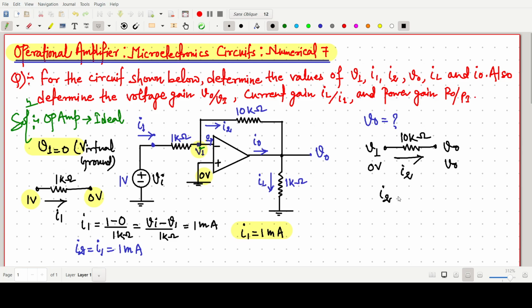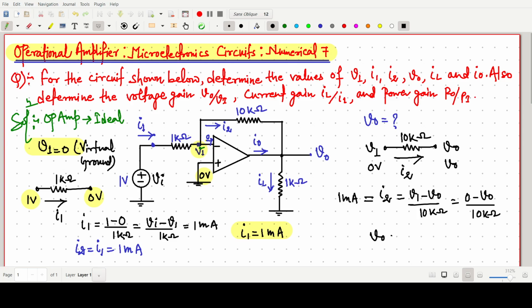So the I2 value is nothing but simply V1 minus V naught by 10 kilo ohm. V1 is 0, so 0 minus V naught by 10 kilo ohm, and I2 is known to us. I2 is the same as I1, that is 1 milliampere.